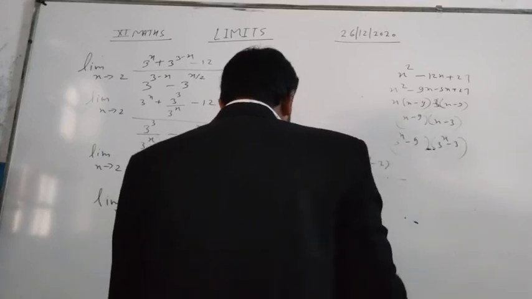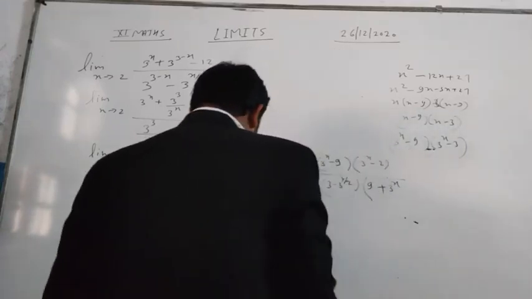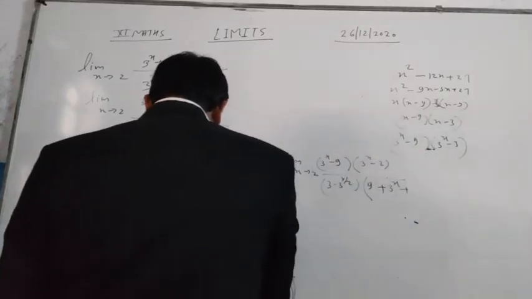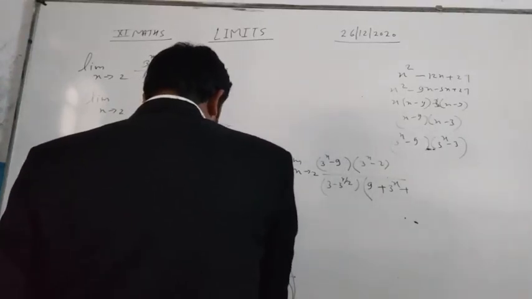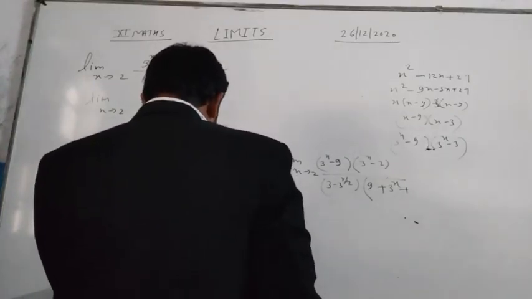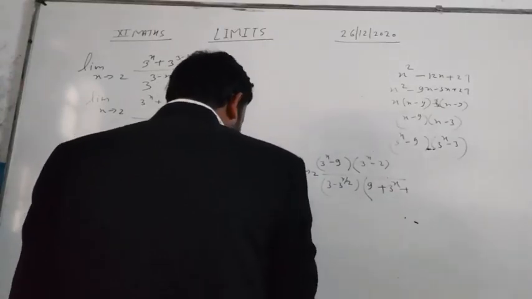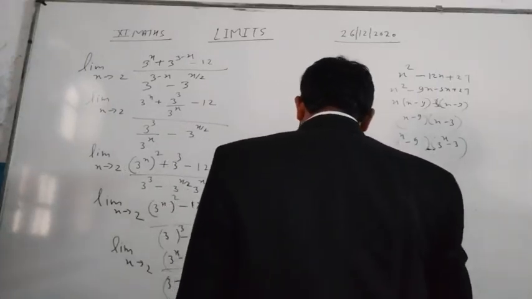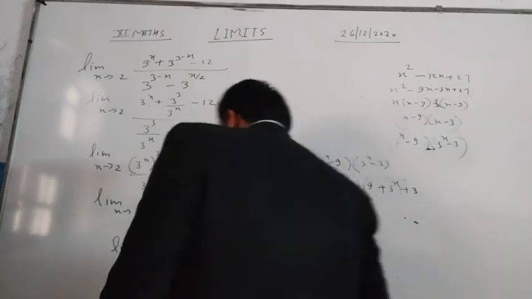After solving this we get 9 plus 3 to the power x plus a and b. A is 3, b is 3 to the power x by 2. So it will be 3 into 3 to the power x by 2.